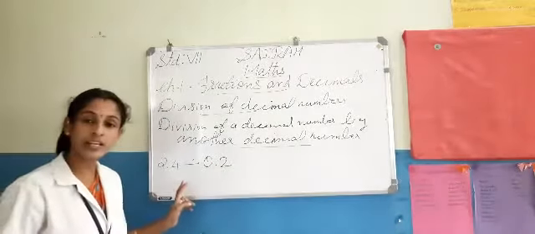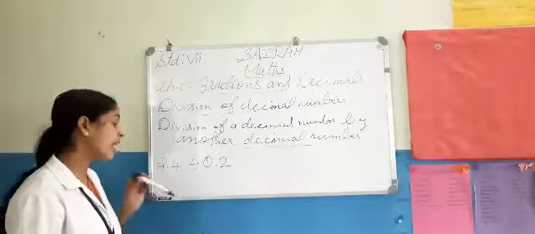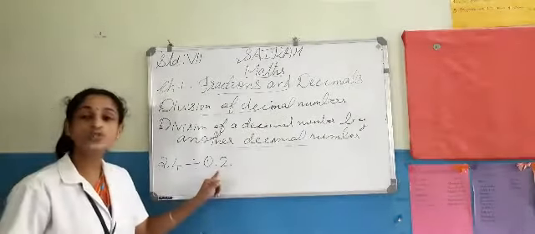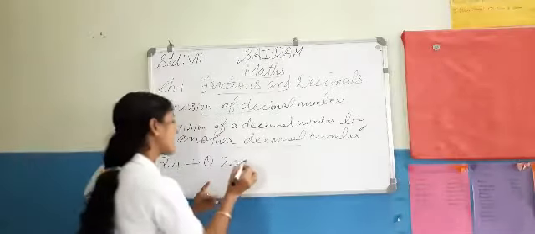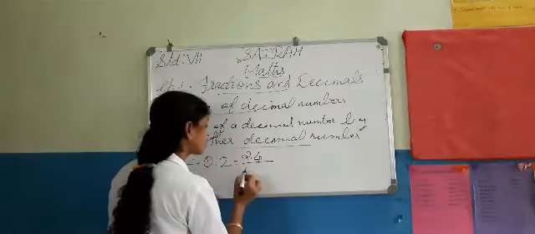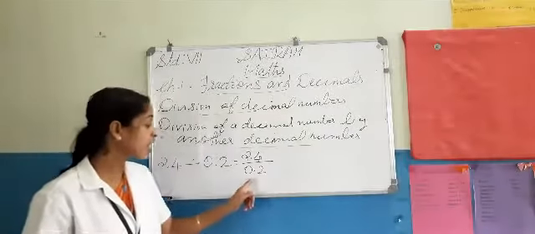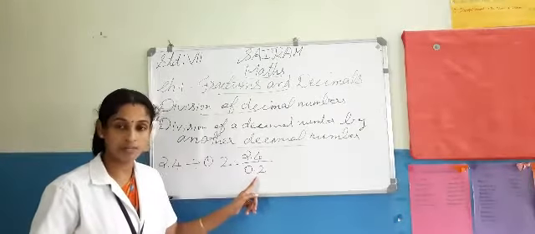Here the question is 2.4 divided by 0.2. The divisor is also a decimal number. So first of all you have to write it like this: 2.4 divided by 0.2. Here the divisor is also a decimal number.